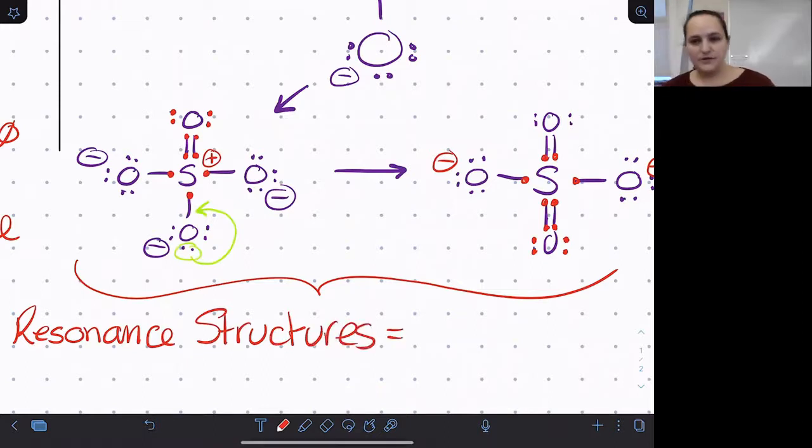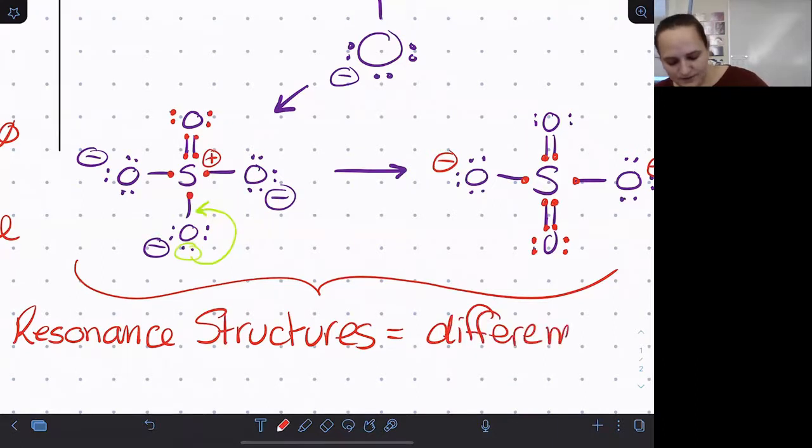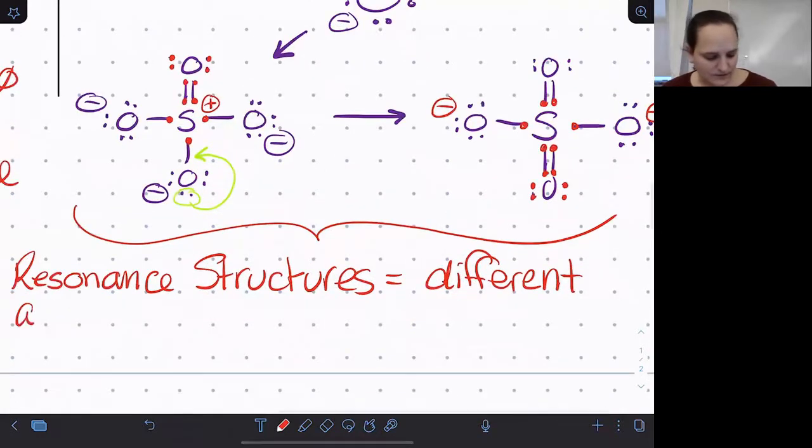Anytime you can draw 2 different structures for the same compound and they're both valid, this only applies to things that follow the rules that they need to follow. So resonance structures are just different arrangements of electrons on the same arrangement of atoms.